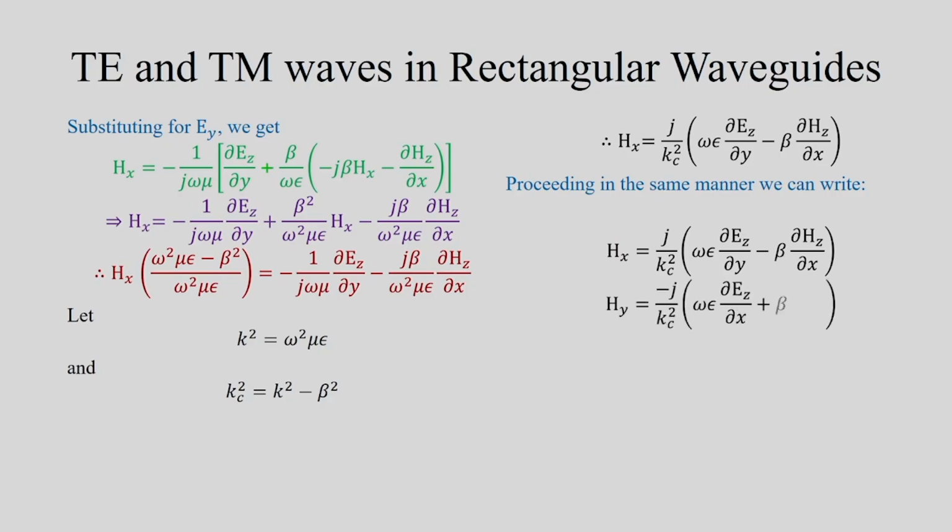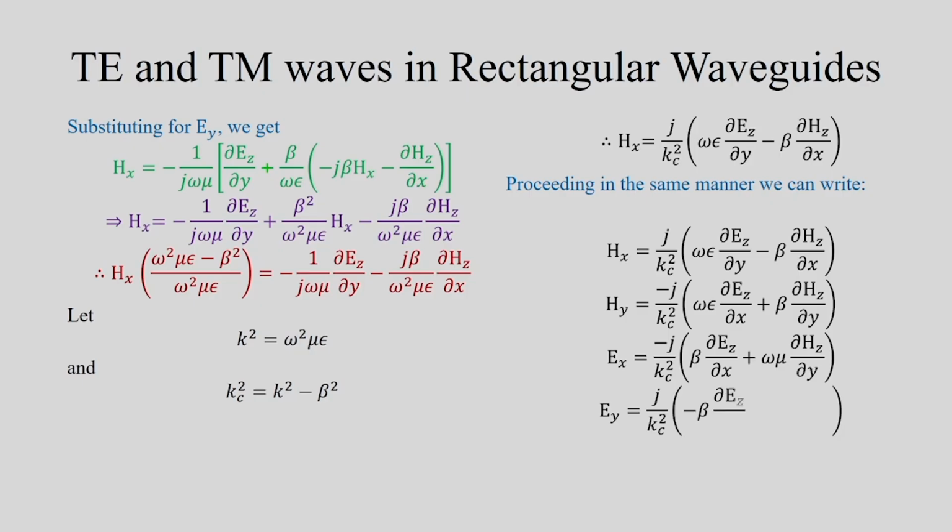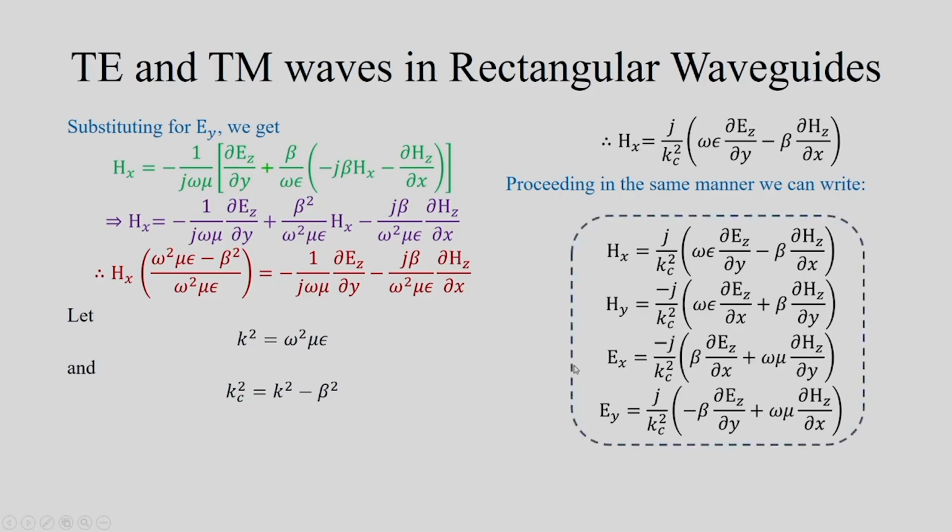If we proceed in the same manner for other field components Hy, Ex and Ey, then we get a set of 4 equations which is shown here.